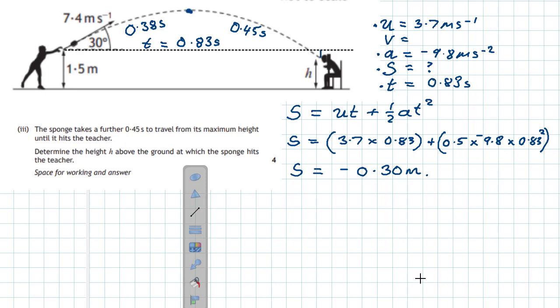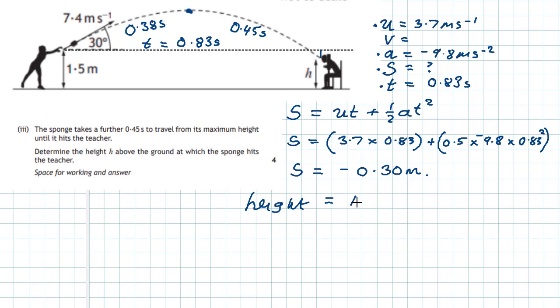But the question asks us to find the height above the ground. Now we know that the height above the ground where it was launched was 1.5 metres. So the height at which the sponge hits the teacher is just simply equal to 1.5 metres take away 0.30 metres.